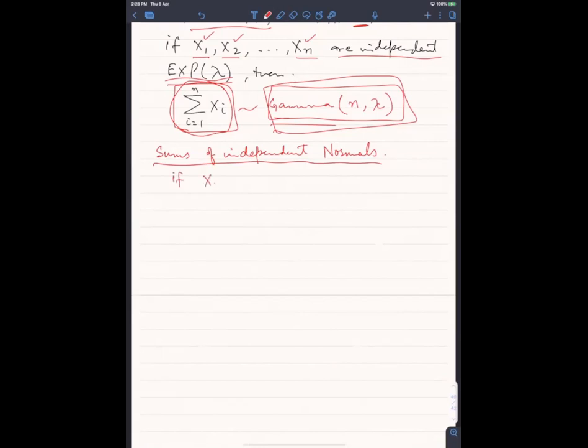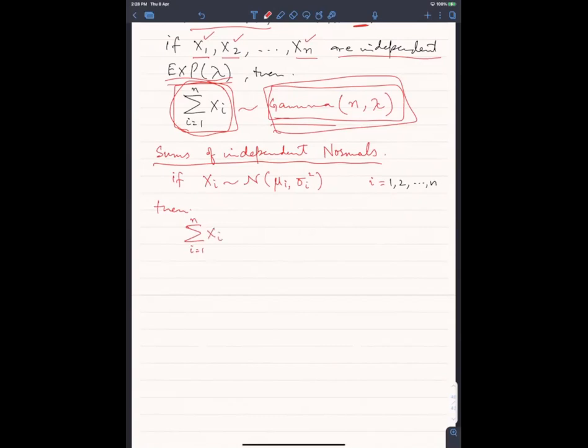So if you have xi, which is normal with mean mu i and variance sigma i square, for i equal to 1, 2, all the way up to n, then consider the summation of i equal to 1 to n of xi.